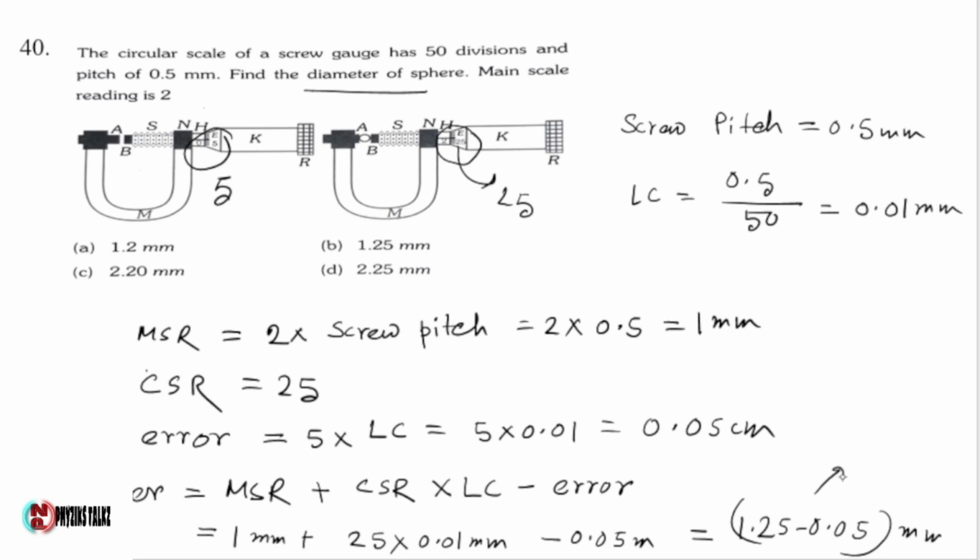So the result is 1.2 millimeter. The diameter of the ball is 1.2 millimeter. So the correct option is option A.